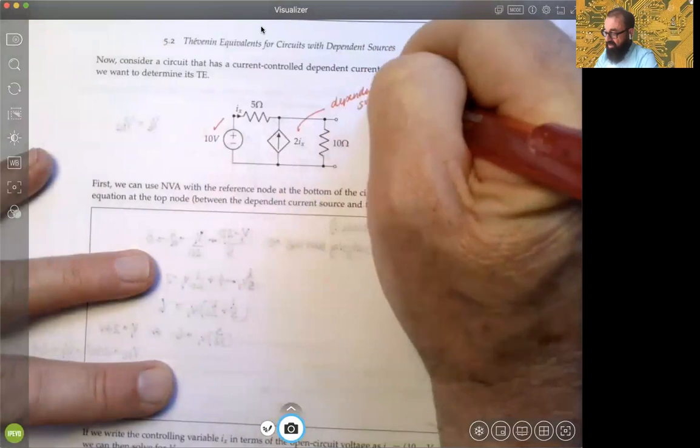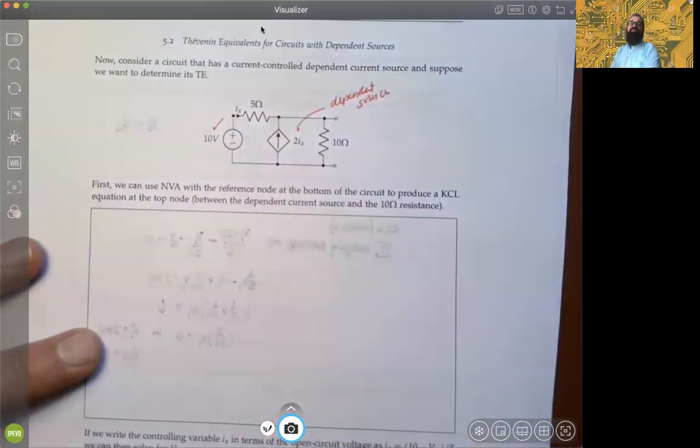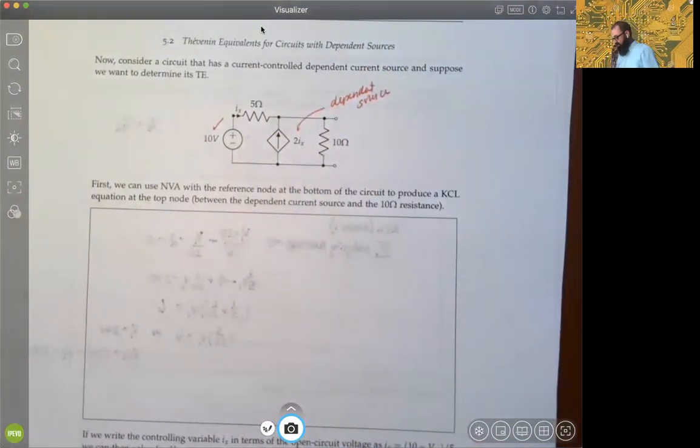One way you know it's a dependent source is the diamond. Remember, the dependent sources will always be of diamond shape. You could think of that D for diamond, if that works for you. Whatever makes sense for you.